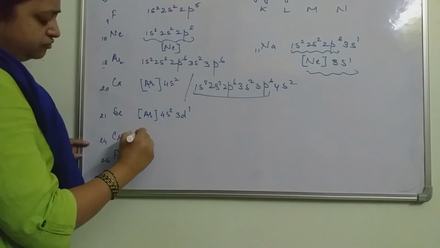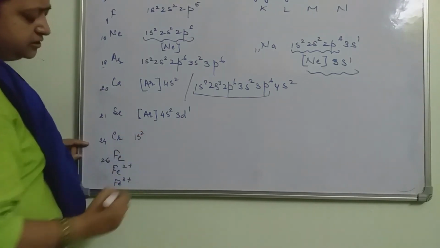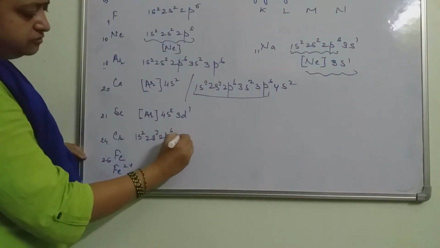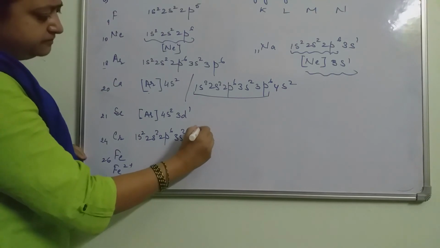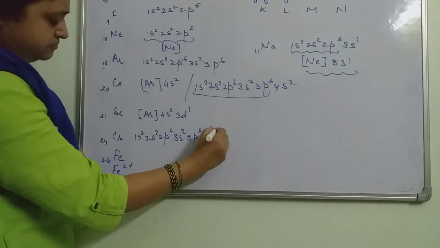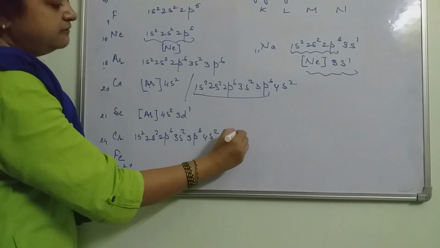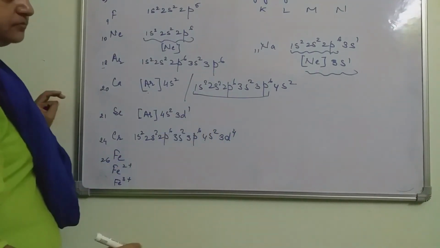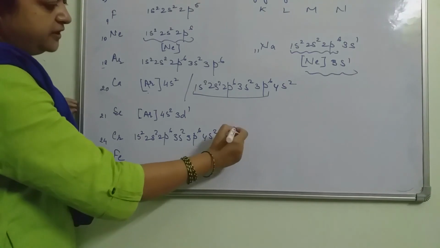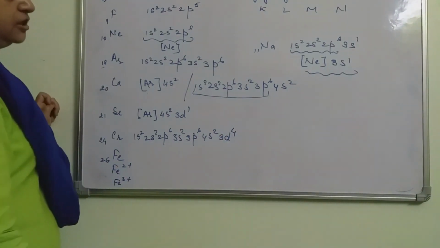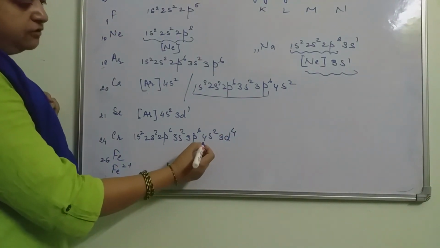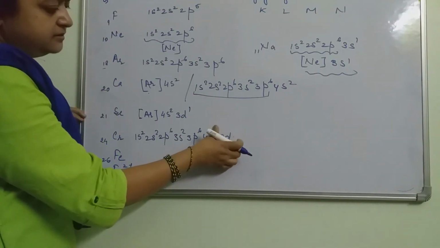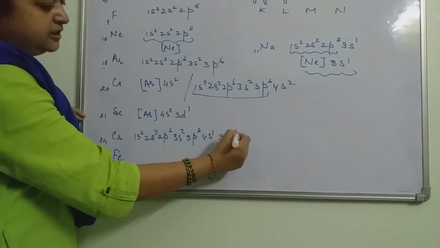If we consider chromium, the complete configuration is 1s2, 2s2, 2p6, 3s2, 3p6, 4s2 and 3d4. This is 24. But this is a very unstable configuration. So in place of 4s2, 3d4, we should write 4s1, 3d5.